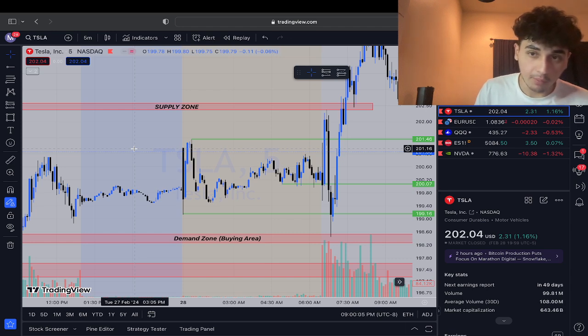So basically what I'm trying to say is our supply zones and our demand zones are pretty much just areas where we are likely to expect price to reverse.